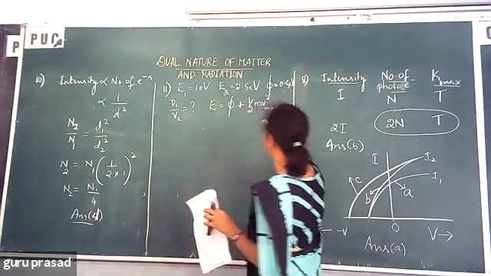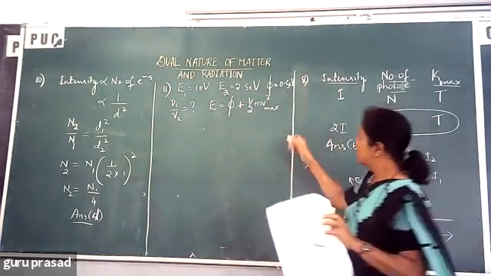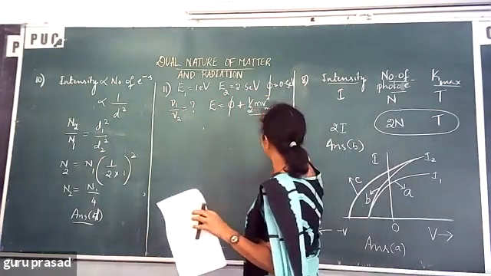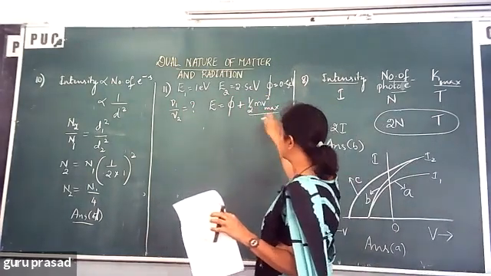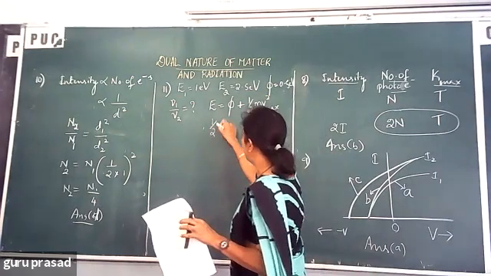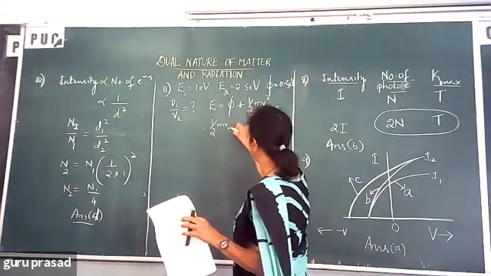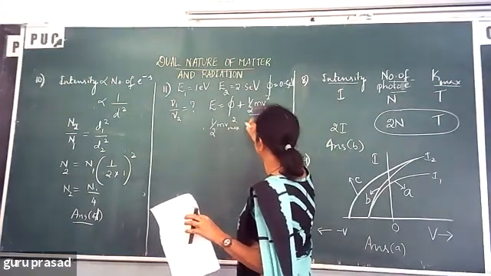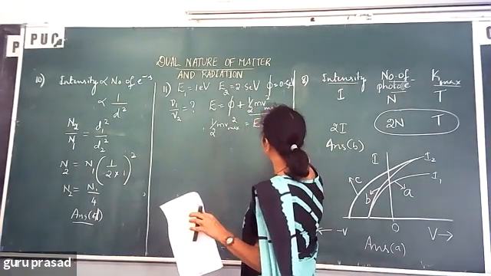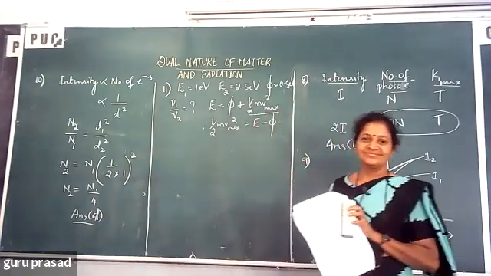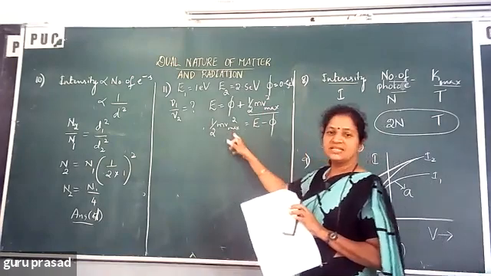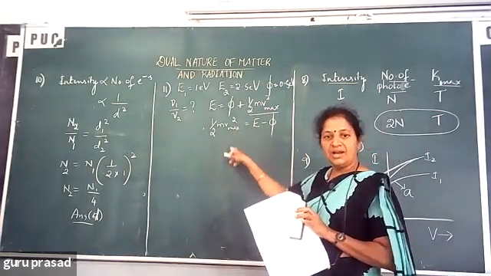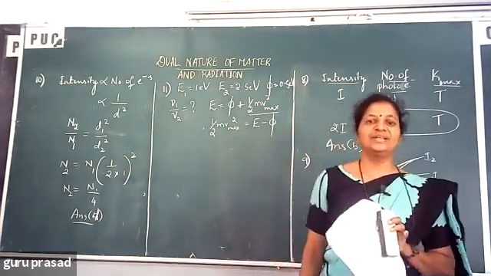I'll take this to one side: half m V max square is equal to E minus phi, because I want the velocity square and then the velocity ratio in the two cases.